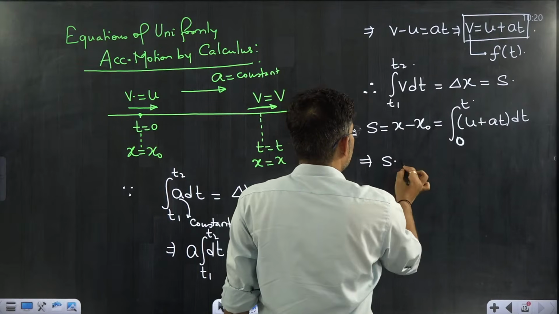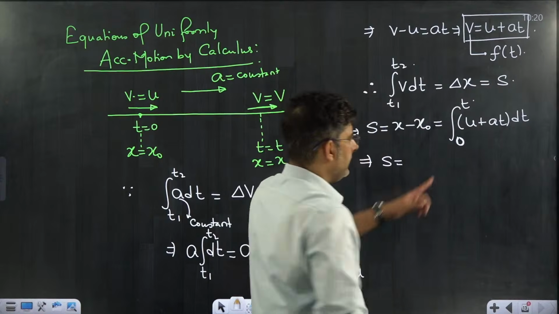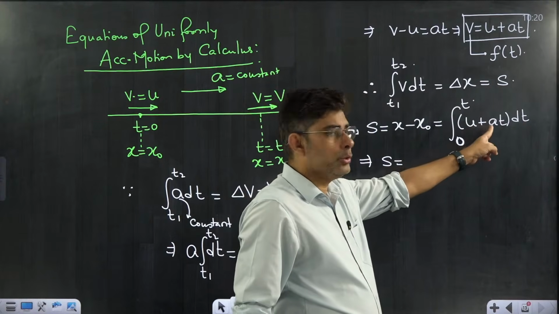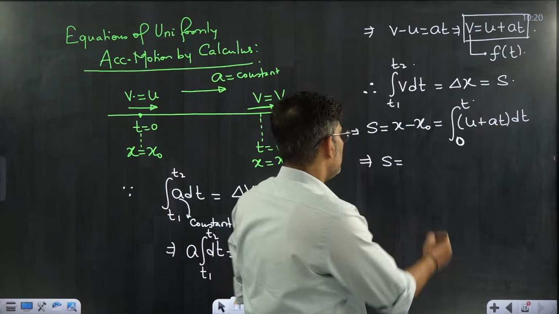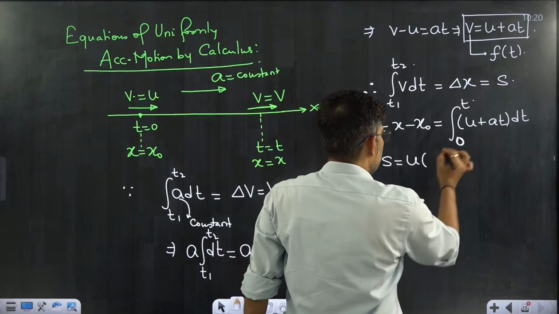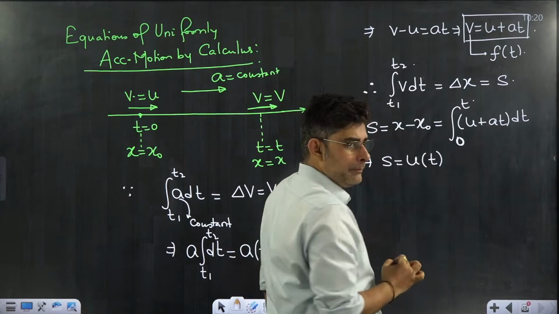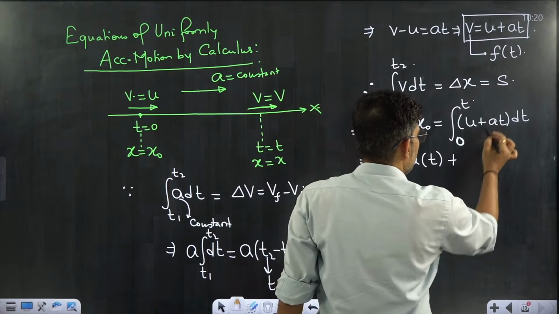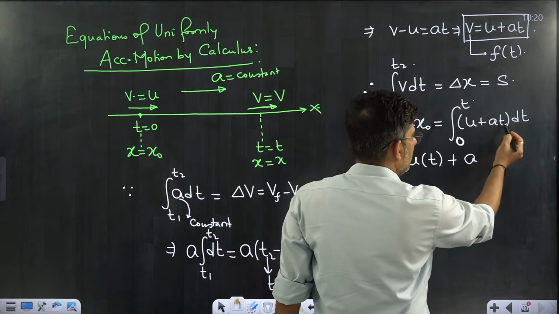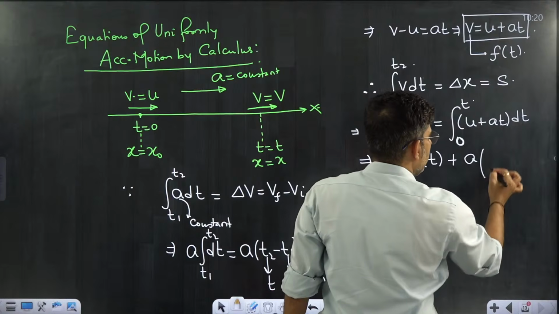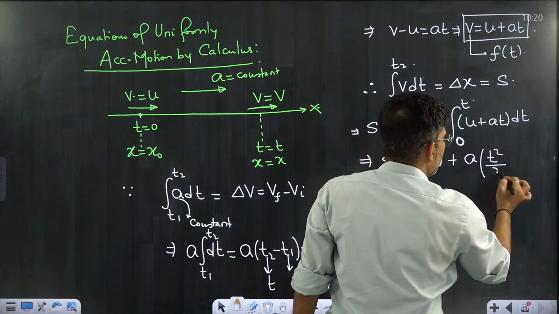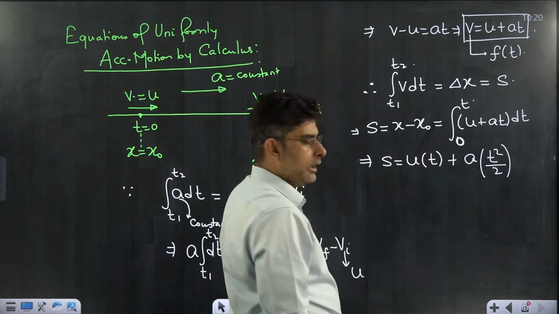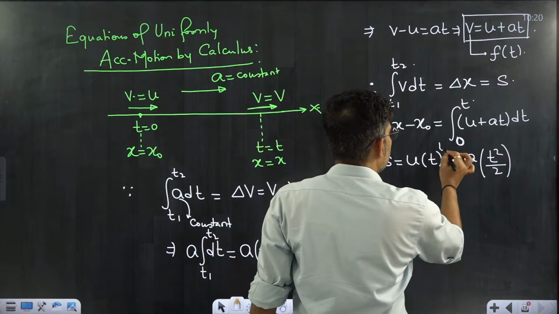So displacement, which is change in position. Now see the integration. First term u is a constant, u dt will become u, dt will become t. Next term a is a constant, comes outside, integration of t with respect to t will become t square by 2. If you put the limit also, no problem, 0 to t.